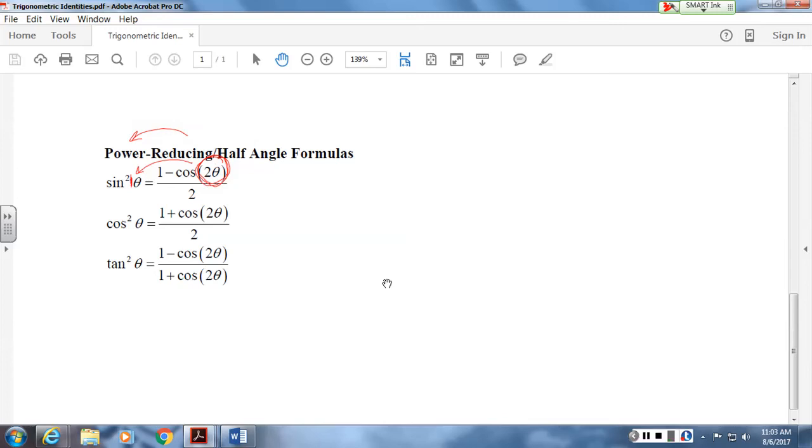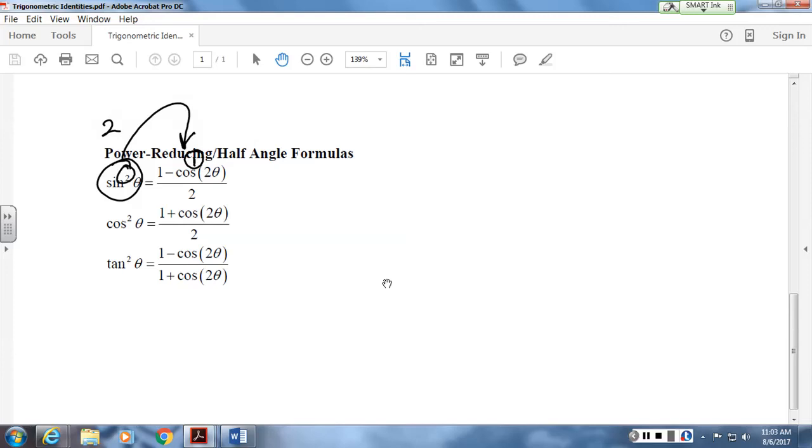So if we start off with this in our problem and we choose to rewrite it this direction, then I will call that a half angle formula because I'm going from 2 theta down to just a 1 theta. If instead I start off with this version and choose to move this direction, then since I'm reducing the power from 2 to 1, I will call this a power reducing formula.